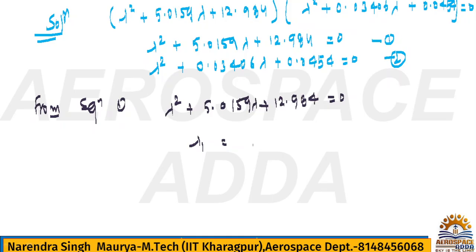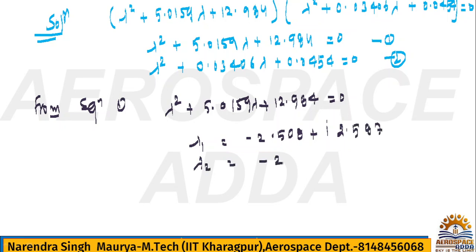Lambda 1 will be minus 2.508 plus i 2.587, and similarly lambda 2 will be minus 2.508 minus i 2.587.